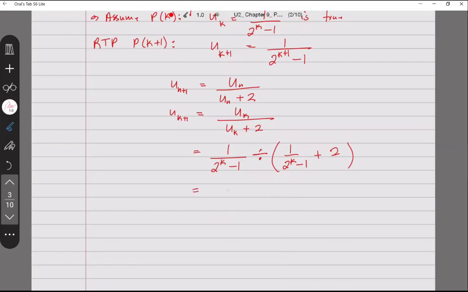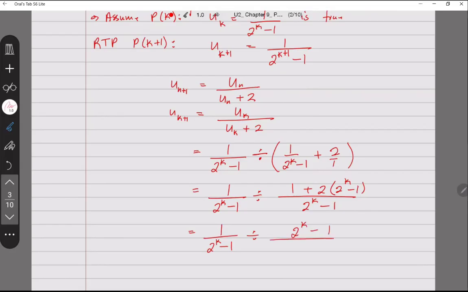So this becomes 1 over 2 to the k minus 1 divided by 1 plus 2 times 2 to the k minus 1, over 2 to the k minus 1. That is 1 over 2 to the k minus 1 divided by 2 to the k minus 1 over 2 times 2 to the k minus 2 plus 1.